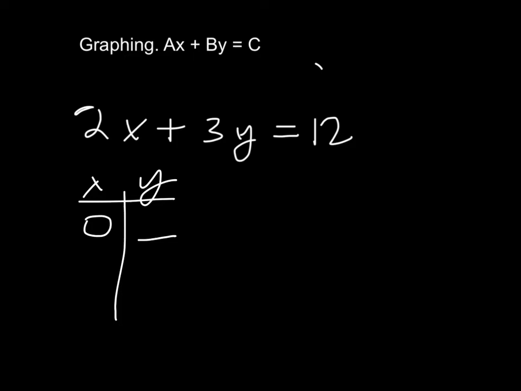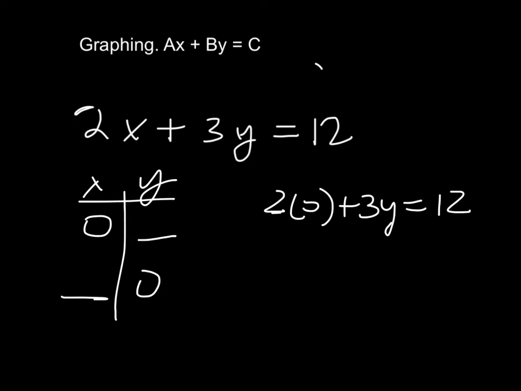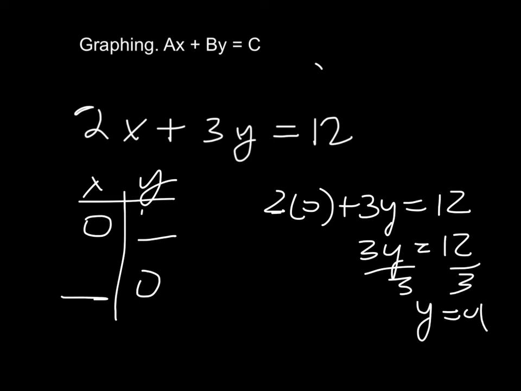And when the y-coordinate is 0, in that case, you will be on the x-intercept. By substituting in the value of 0, you'll have 2 times 0 plus 3y equals 12. Therefore, 3y equals 12. Therefore, y equals 4.